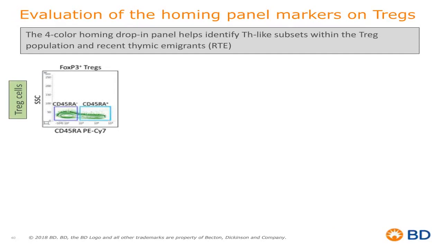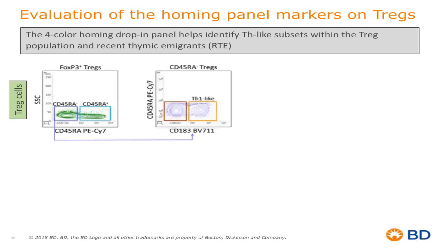With our T regulatory cells, gating on our FOXP3 positive Tregs, we can use the 4-color homing drop-in panel, and that helps identify TH-like subsets within the Treg population, as well as recent thymic emigrants. So we have our CD45RA expression, and we want to look at the CD45RA positive cells.